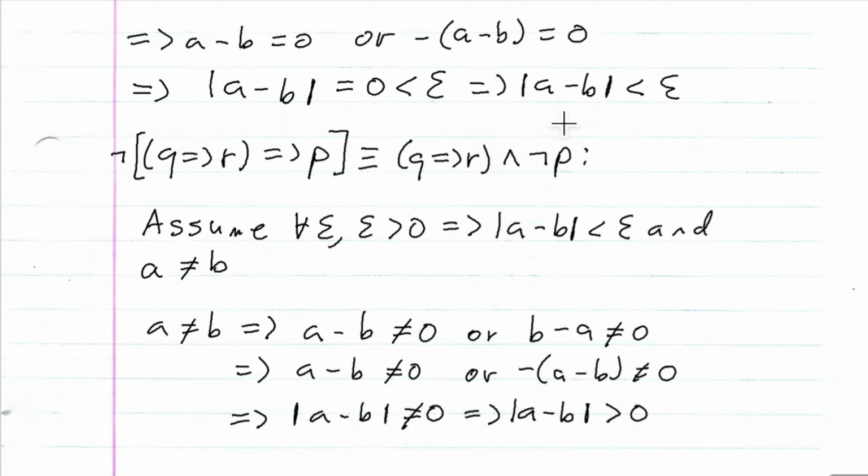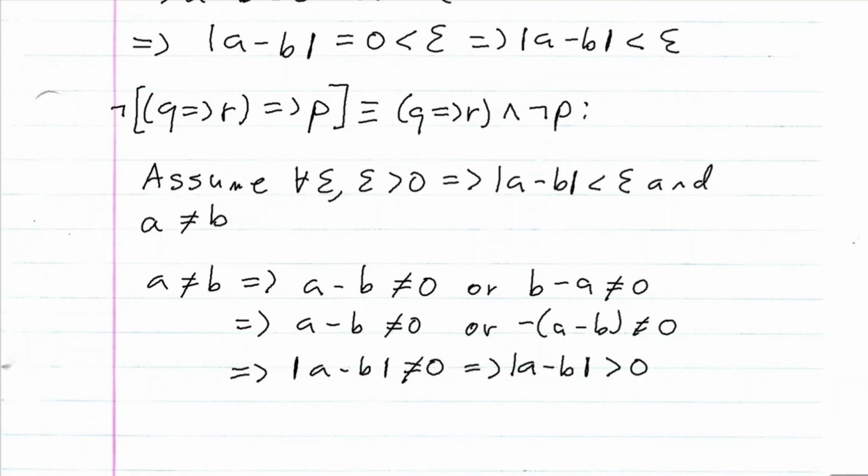Remember, we chose any epsilon to be bigger than 0. So if the absolute value of A minus B is bigger than 0, this implies there exists an epsilon naught, just signifying some epsilon, where epsilon naught is equal to the absolute value of A minus B, because this is bigger than 0.